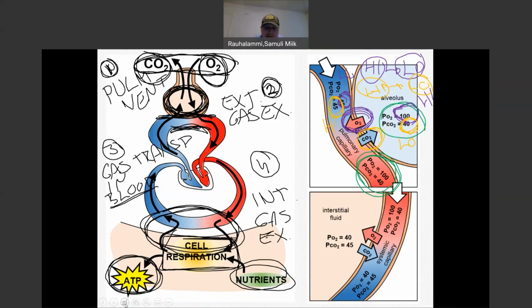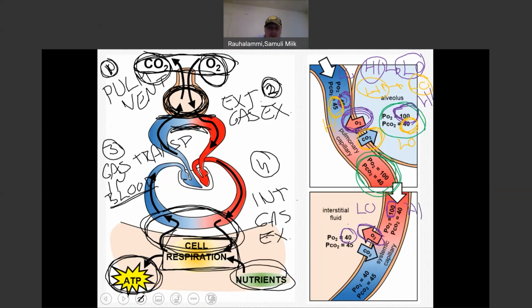The blood that's coming now is going to have a high partial pressure of oxygen, 100 millimeters of mercury, whereas in the tissues it's only going to be about 40. So again, from areas of high to areas of low, the oxygen is going to be moving away from the blood in the systemic capillaries to the tissues.